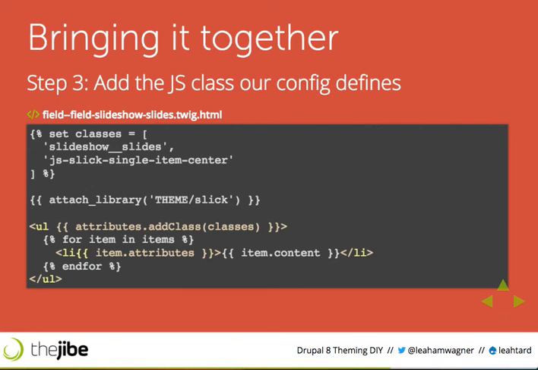I think that's the true flexibility of this: it could be a multi-value field, it could be a view, it could be anything. You could be putting code into a block, and it's probably not the most Drupal-y way to do things. But basically, the theme library does not care what technology has put in this markup.